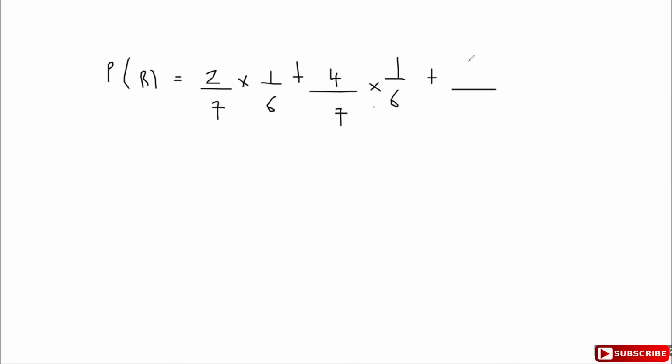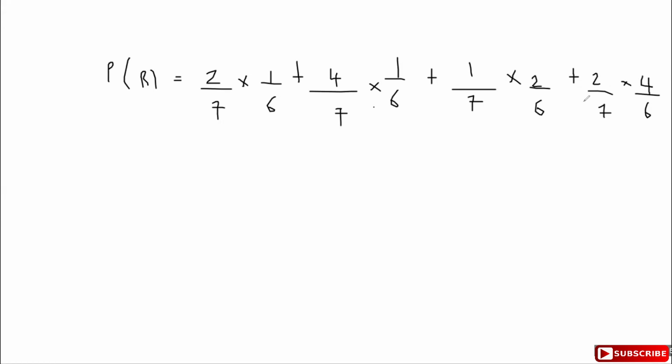So to get a red is 1/7 times, to get a black it's 2/6. Plus, then we said you can get a red, which is 2/7 times, then you can get a yellow, my bad, which is 4 out of 6.